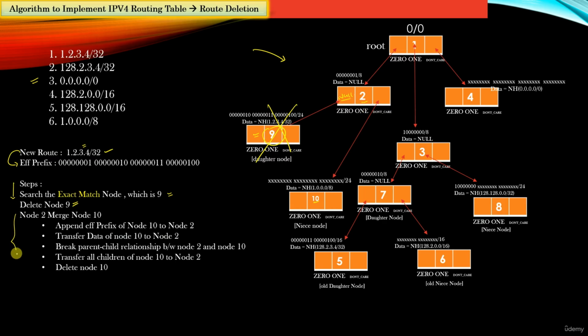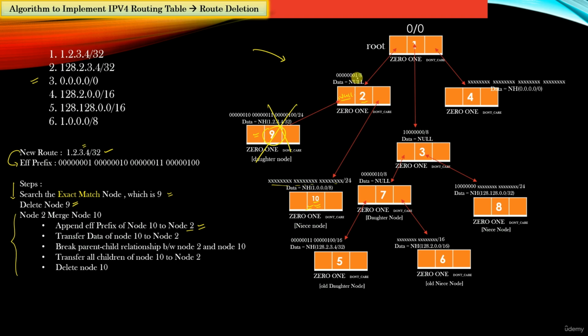So the following step is the node merging algorithm. Let us execute these steps one by one. The very first step says to append the effective prefix of the other child, which is node 10. Node 9's parent is node 2 and node 2's other child is node 10. So append the effective prefix of node 10 to the effective prefix of node 2. The effective prefix of node 10 is 24 don't care bits.